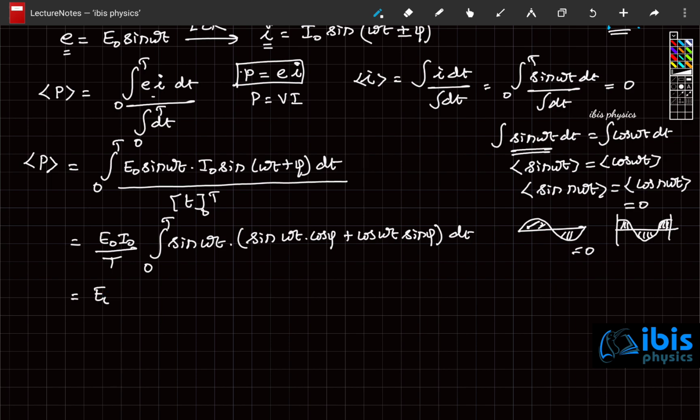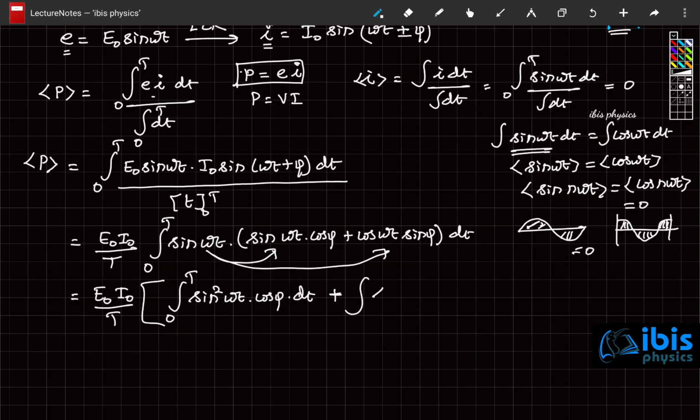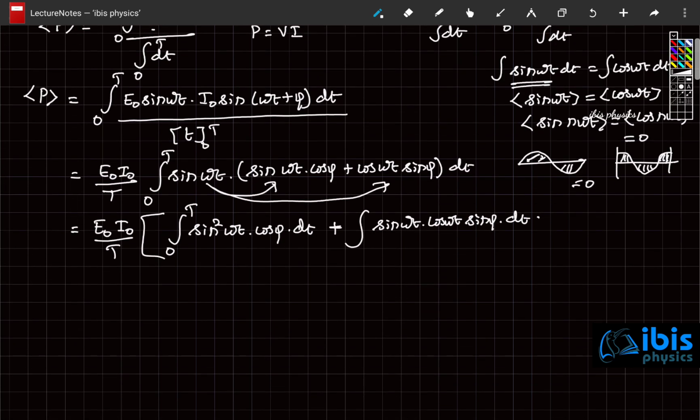So here E naught I naught by t integral 0 to t, when you multiply this with this, sine square omega t cos phi into dt, plus integral, when you multiply this with this, sine omega t cos omega t sine phi into dt. So 0 to t.